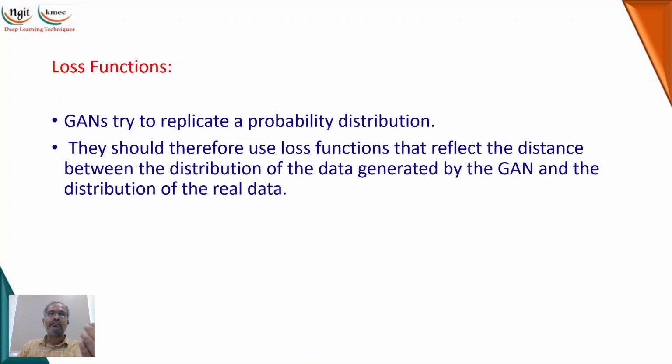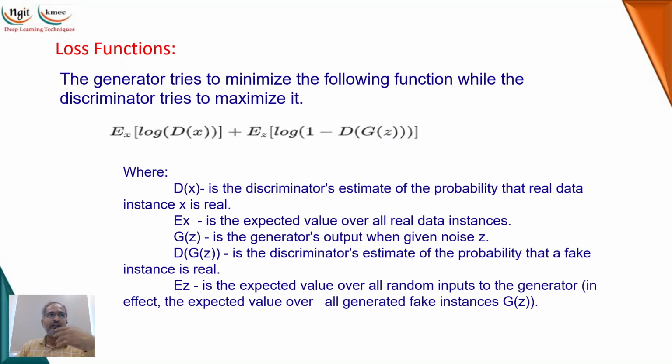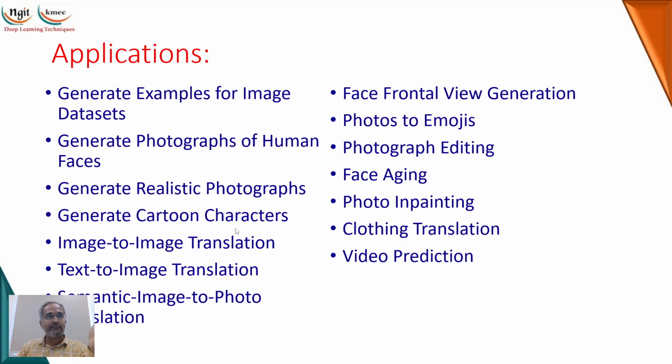Now the loss function. We have to create and use loss functions for the generator and the discriminator separately, and then add these two. As for applications, there are several available.